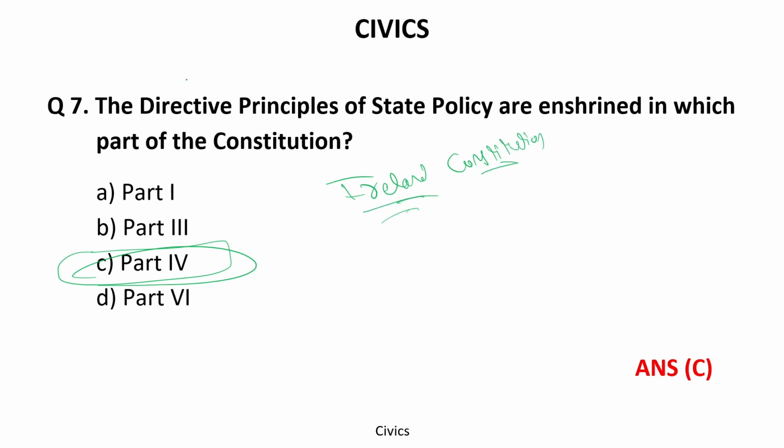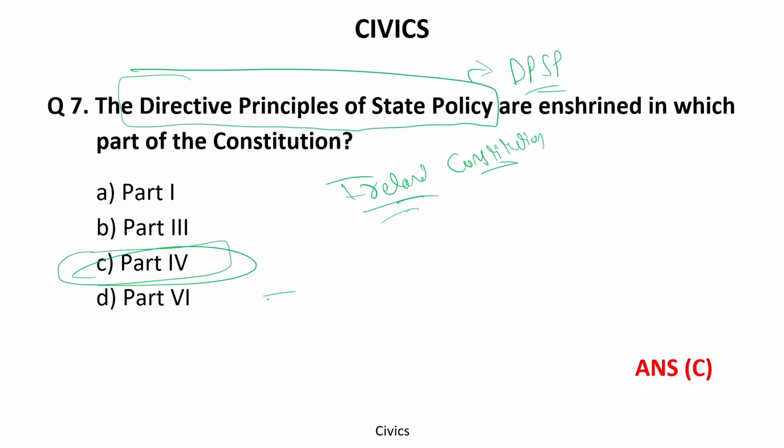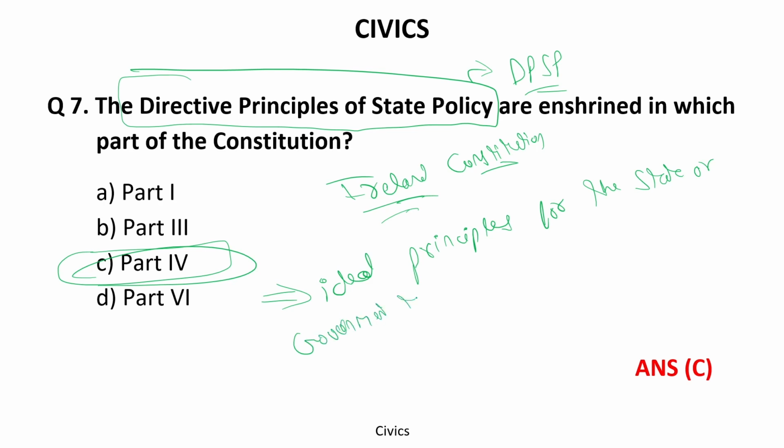So if we talk about the directive principles of state policy, which is also known as DPSP, they are the ideal principles for the state or government to make laws and rules to work upon.